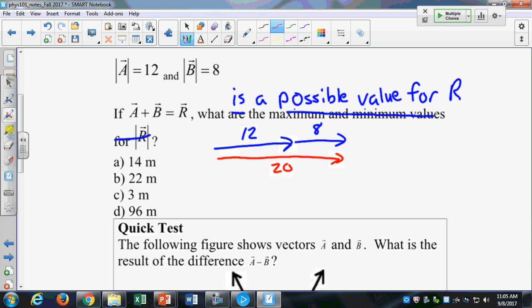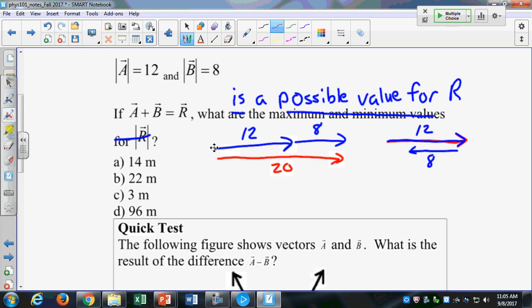What's my minimum value? How do I get a minimum value for these two vectors? What must be their orientation in order to get a minimum value? They must be opposite one another. And it doesn't really matter which is which direction. I'll draw the 12 here, and this is 8.